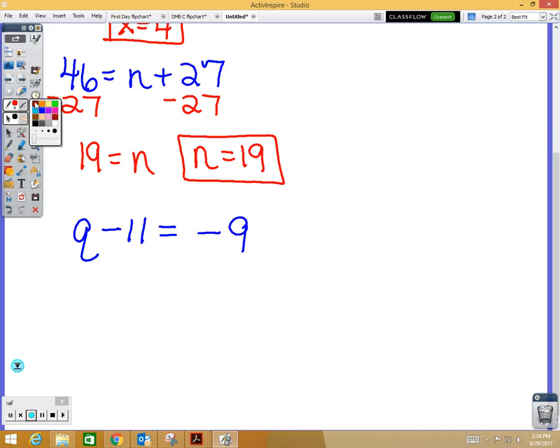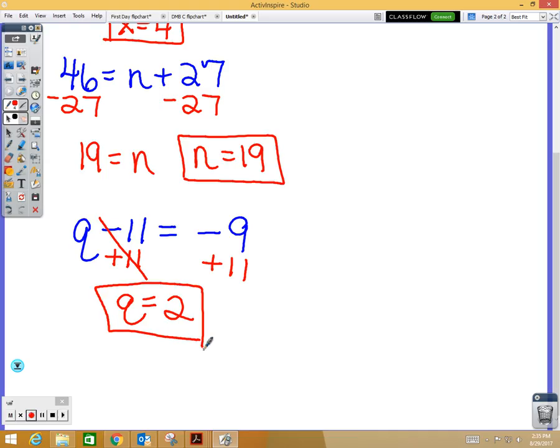Adding what? Adding 11. So minus 11, positive plus 11, cancel out. Be very careful with your integer rules. Negative 9 plus 11 is 2. 2 minus 11 is negative 9. So again, be thinking about checking your work, making sure it makes sense.